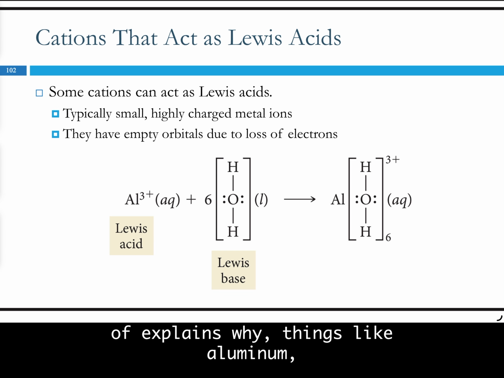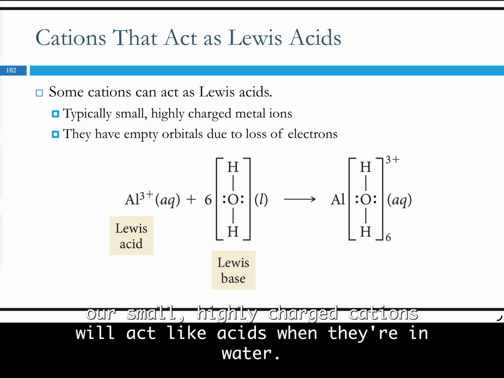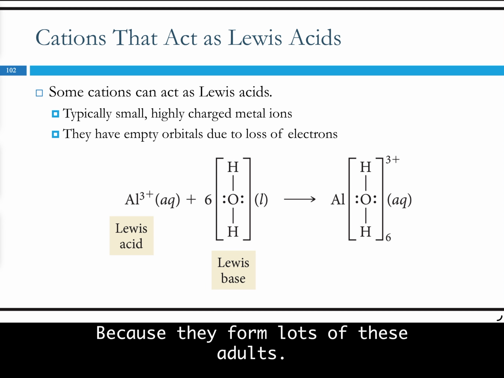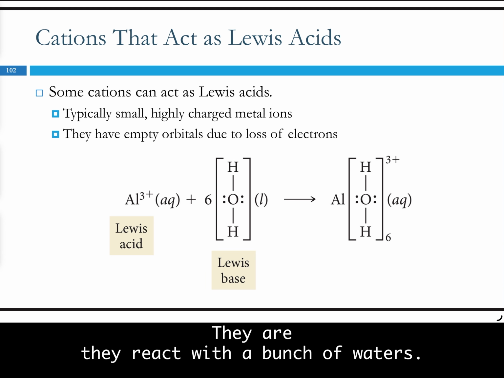This also kind of explains why things like aluminum or small, highly charged cations will act like acids when they're in water, because they form lots of these adducts. They react with a bunch of waters.